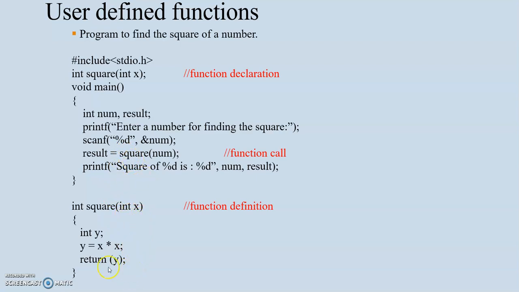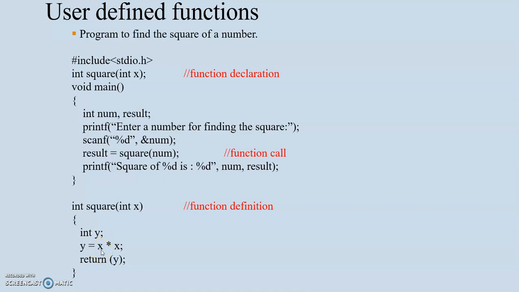In this function definition, after the function has been called, the control moves here, where the number is passed on as x, and so we define a new variable called y and make the square.